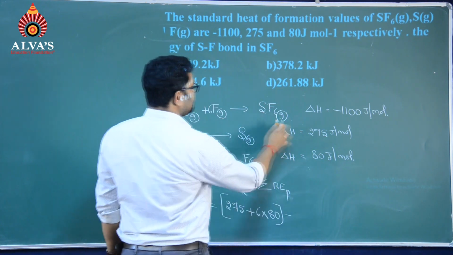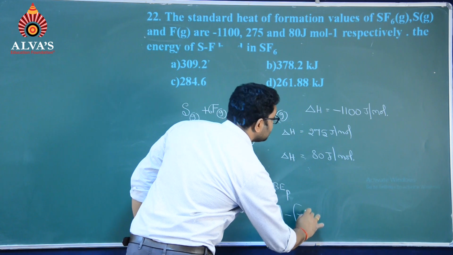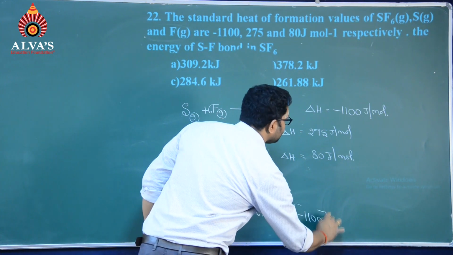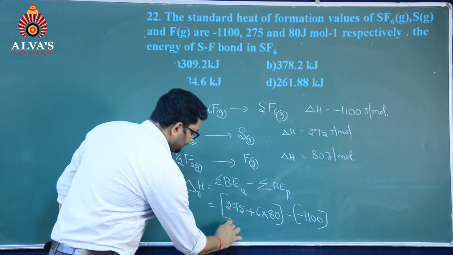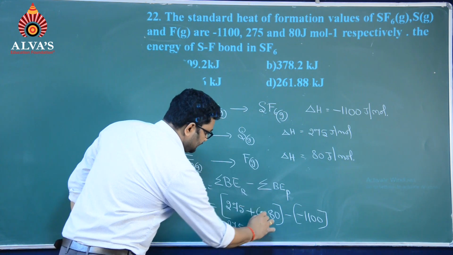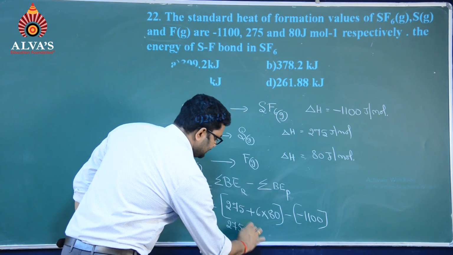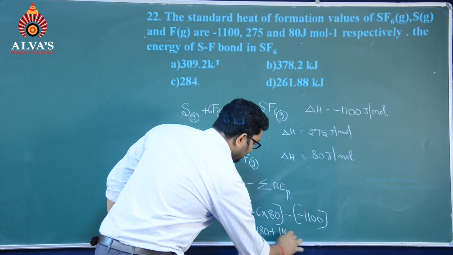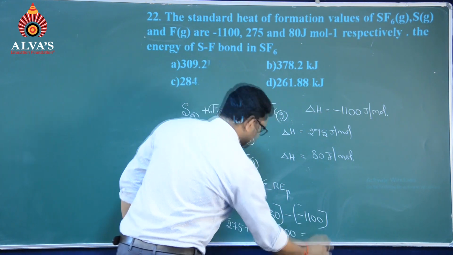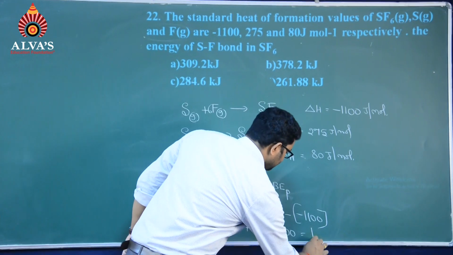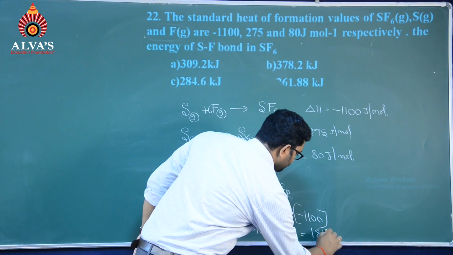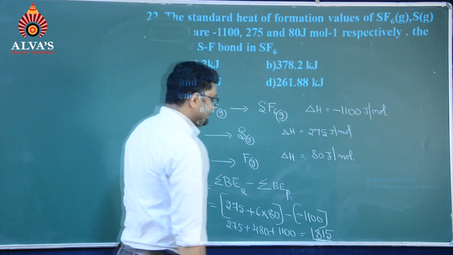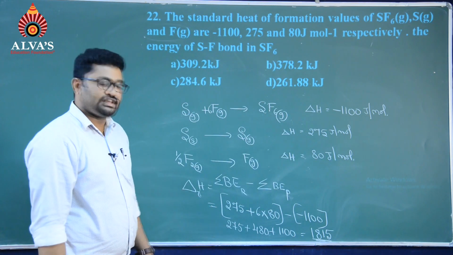Product is SF6, that is minus 1100. Now it is 275 plus 480 plus 1100. Now the value is 1815. This is for 6 SF bonds.